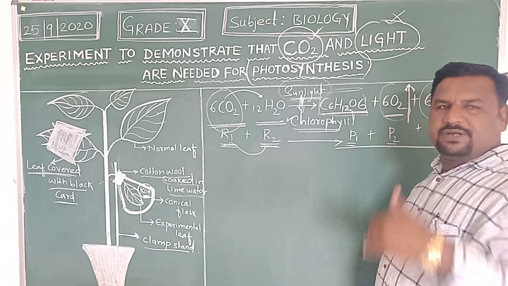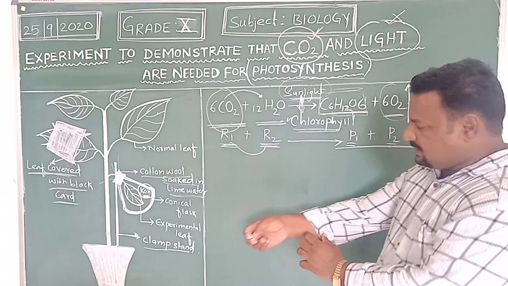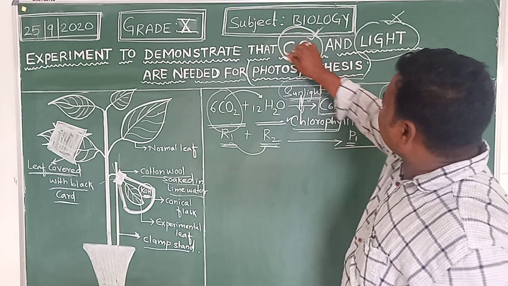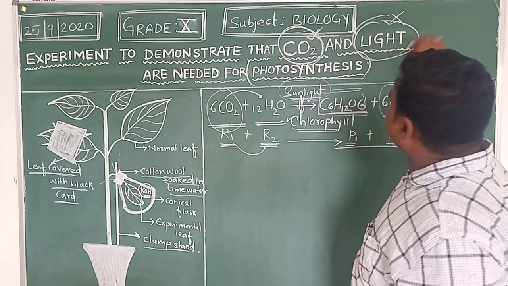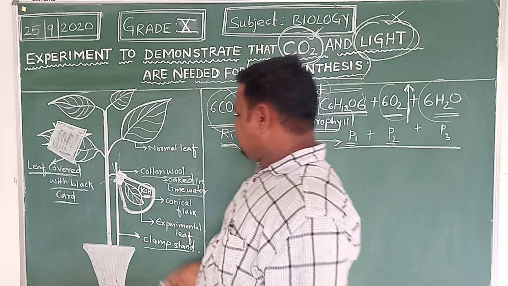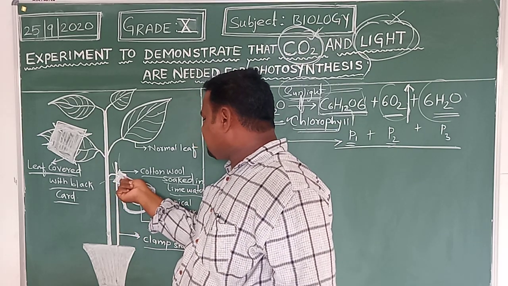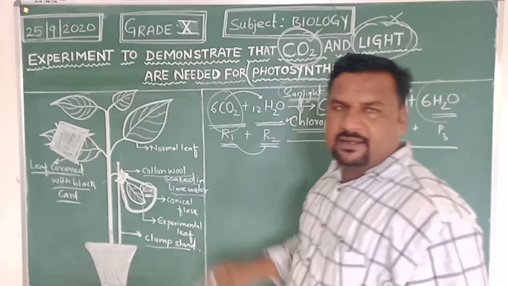Then for the observation, we have to check both the factors, carbon dioxide and light. First, take carbon dioxide. Remove the leaf which was placed in the flask containing KOH.